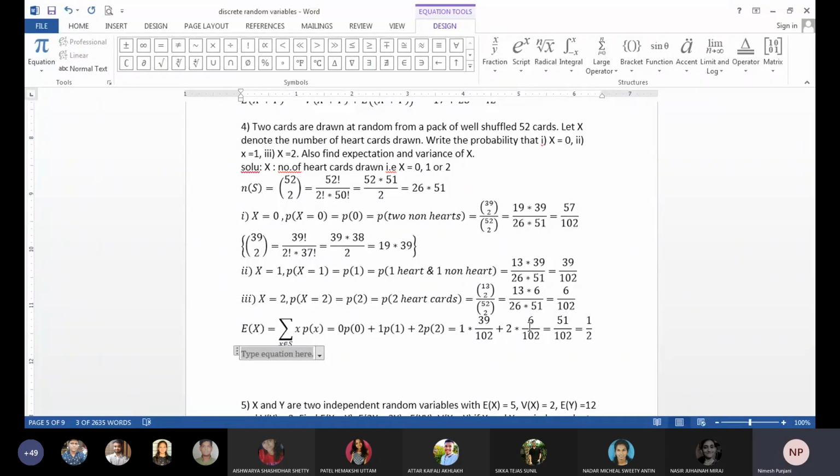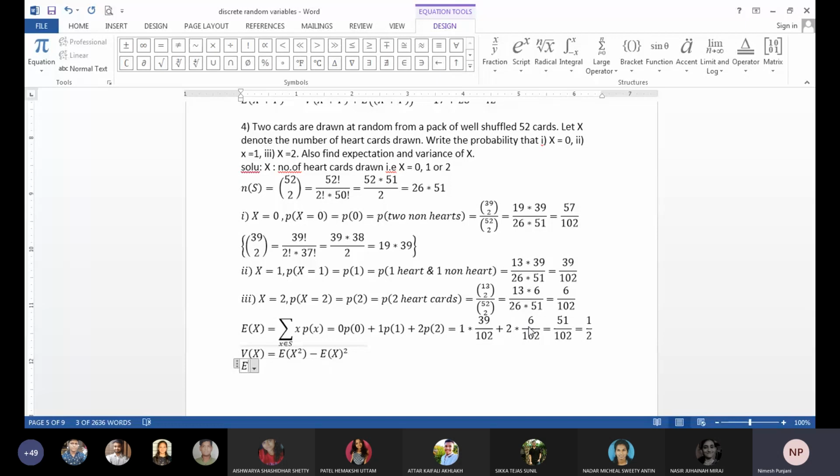Then variance of x. Variance of x is expected value of x square minus square of the expected value. Okay, variance of x is expected value of x square minus e of x the whole square. तो यहाँ पे e of x तो मिला, but e of x square नहीं मिला.